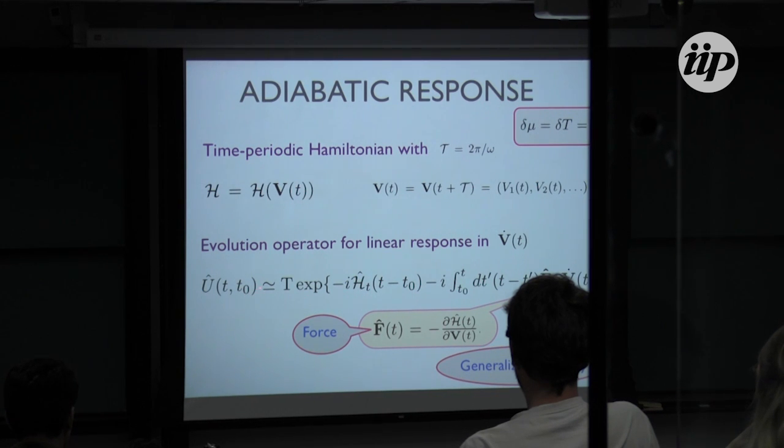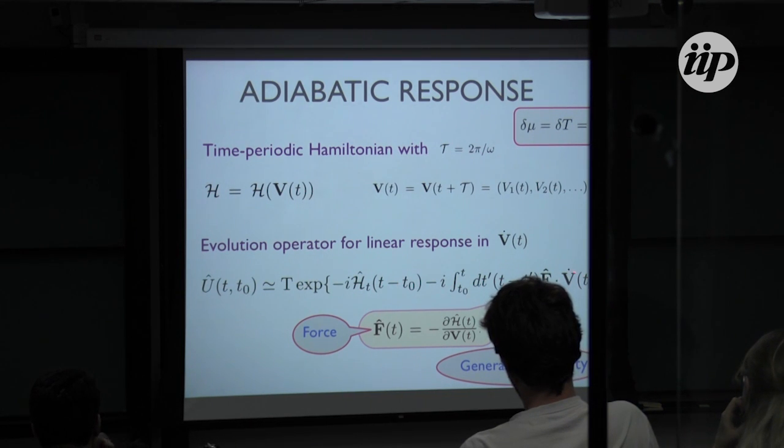We are going to approximate the evolution operator of our system as a term in which we freeze the Hamiltonian at the time t, and we treat the system as if it were in equilibrium with that Hamiltonian frozen at time t, plus a correction proportional to the rate of change of the time-dependent parameter.